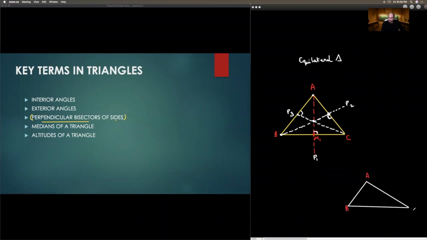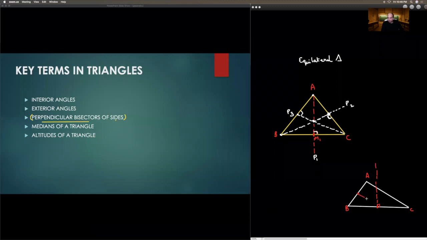If I define my base as BC and I want to bisect it, the midpoint of BC might be somewhere here. In this case, the perpendicular bisector will not pass through A. It will bypass A when you draw it. It will not go through A. And likewise, if you want to draw the perpendicular bisector of this side AB, then it will not necessarily pass through C. If you draw the perpendicular to that, not being able to draw that very well, let me just take the line tool here.